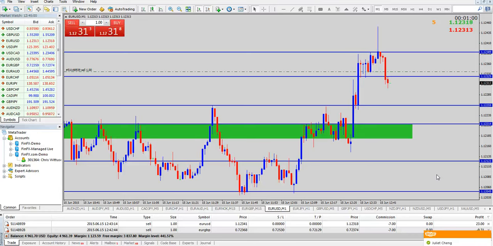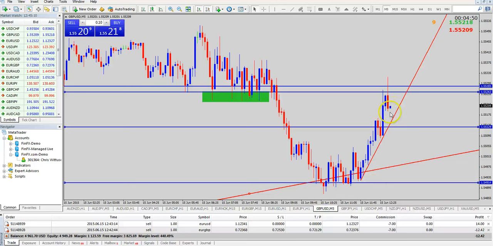We have a confirmation candle. So we'll wait and see what happens. Alright, set another trade. This one, good enough for my liking. Let's go long.